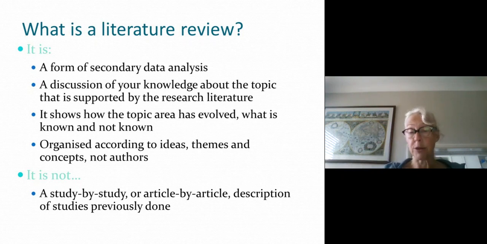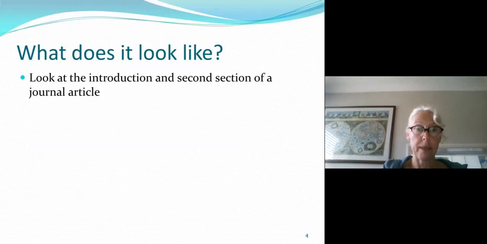So it isn't a study by study or article by article description of studies that were previously done, and that's quite important because that's sometimes what students set out to do. You're actually trying to have an integrated discussion and tell a story about what we know about this topic.